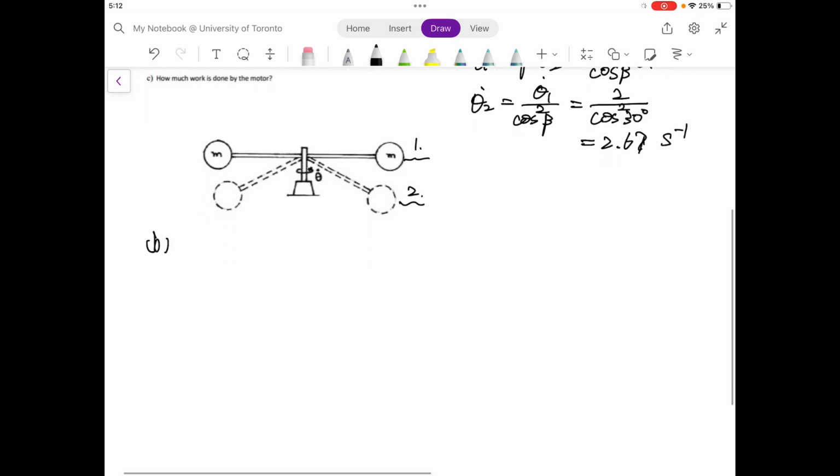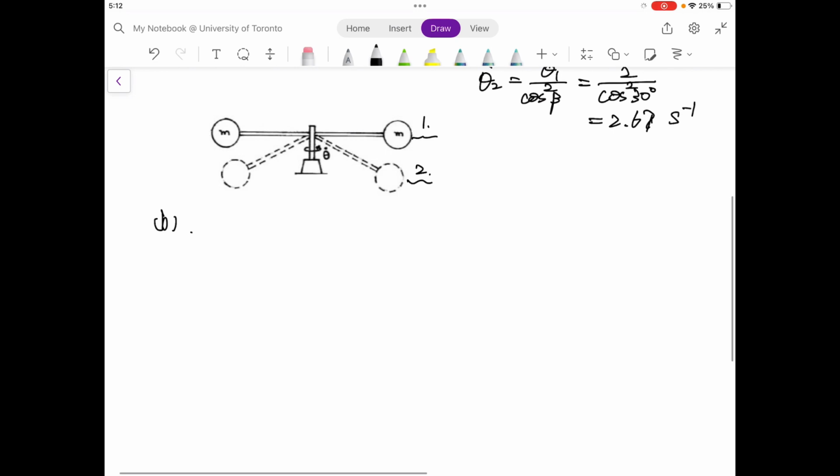Then question B, we have the angular momentum at status 2, plus the angular momentum created by the motor, which is from T2 to T3, equal to the angular momentum at status 3.